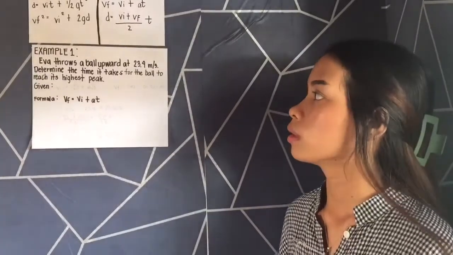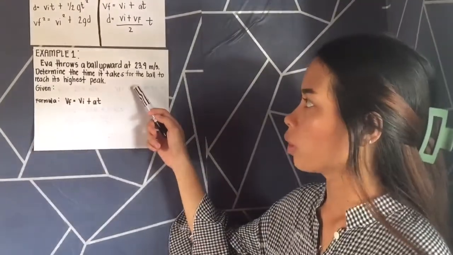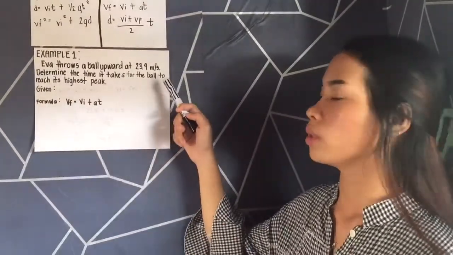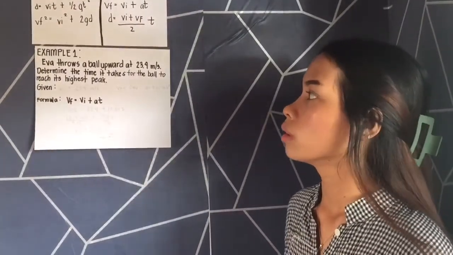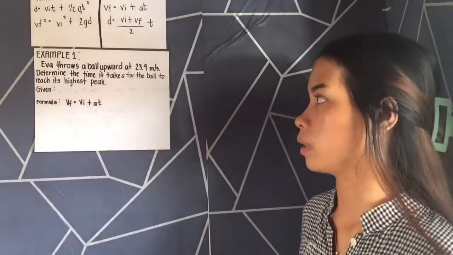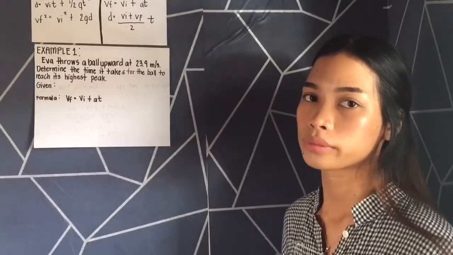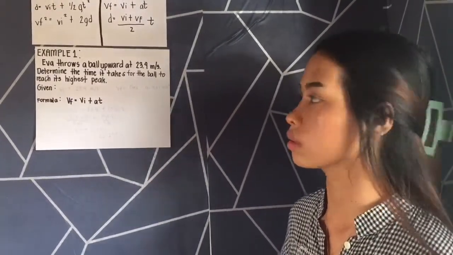So let us proceed. Eva throws a ball upward at 23.4 meters per second. Determine the time it takes for the ball to reach its highest peak. First is to identify the givens.